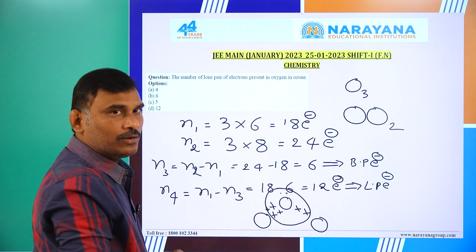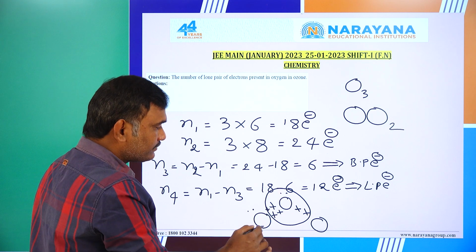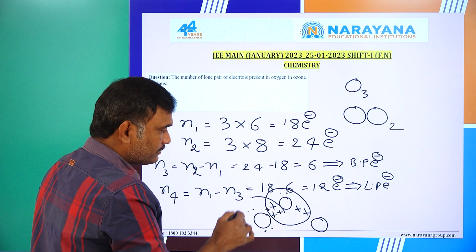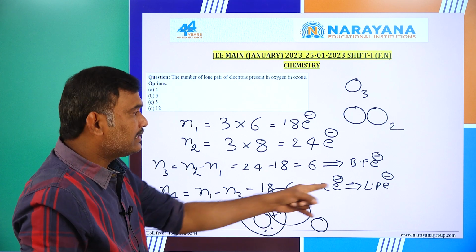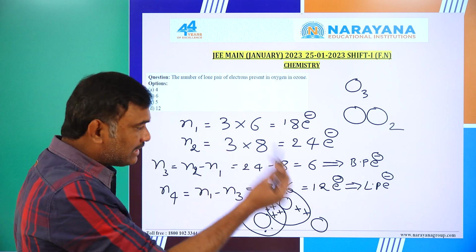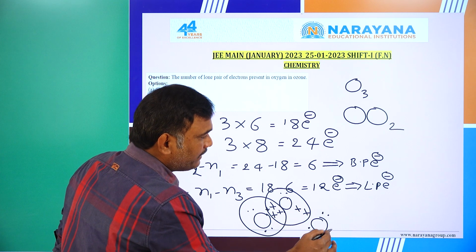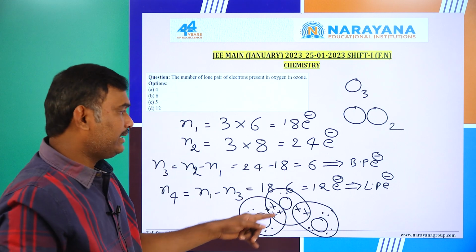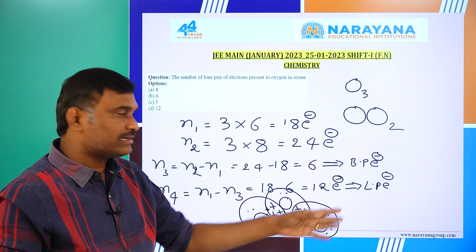Now how many lone pair electrons remain? 4 more lone pairs are there. Here 1, 2, 3, 3 twos are 6 lone pair electrons are over. Still 6 lone pair electrons are present, and I can place them here. All the oxygen atoms present in ozone get octet configuration.